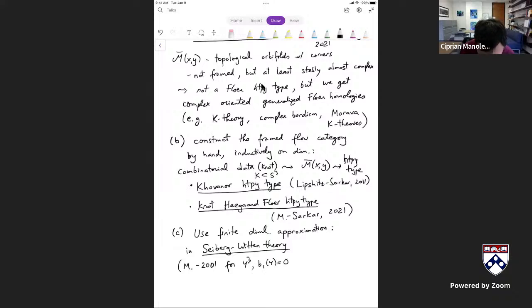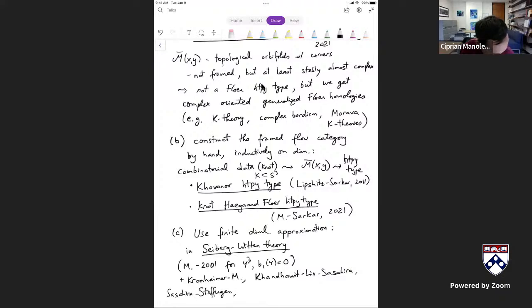And since then there was various progress. I had a paper with Kronheimer. Then there was work of Hendricks, Lin and Sasahira, and Sasahira and Stoffregen.